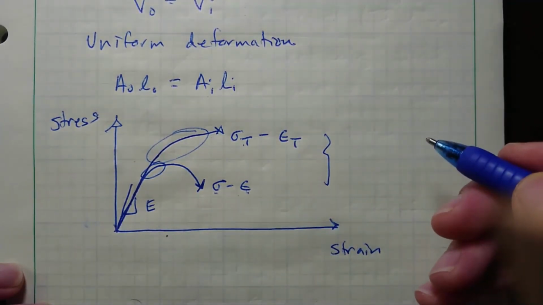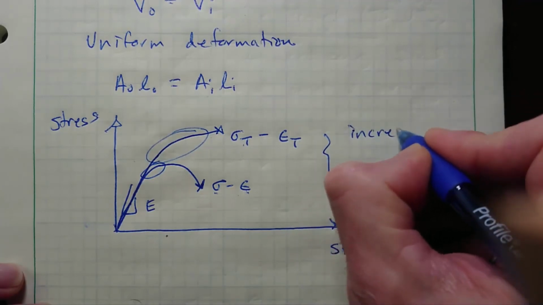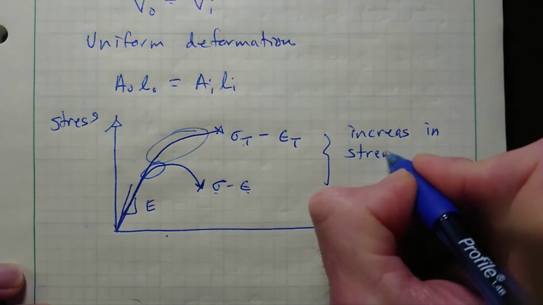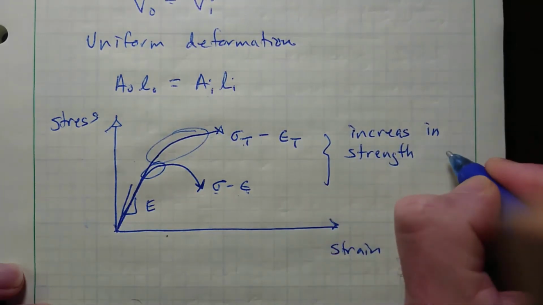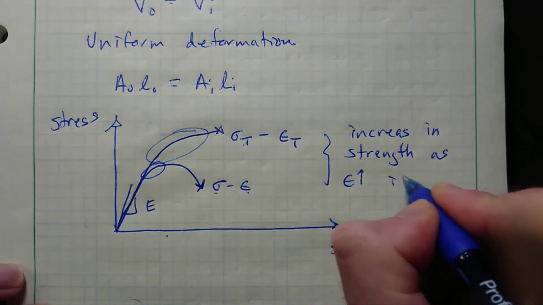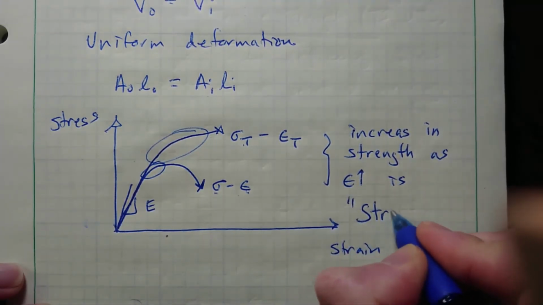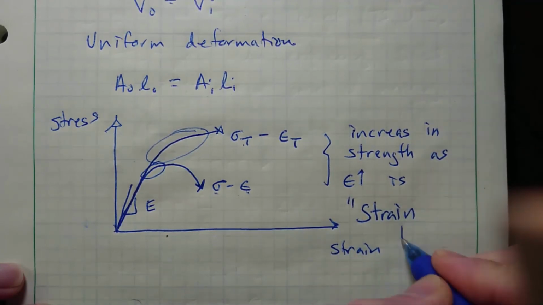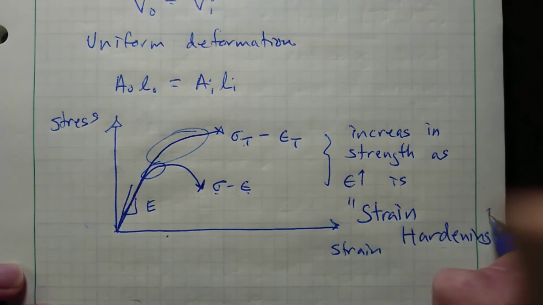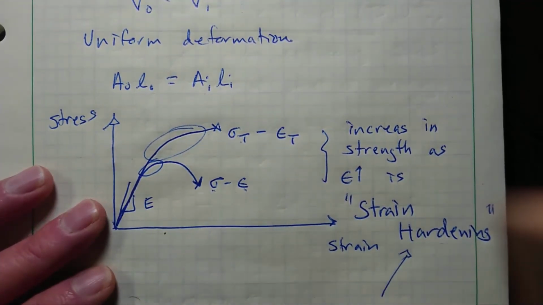And this increase in strength with strain is called strain hardening. Increase in strength as the strain goes up is called strain hardening. So strain hardening is an important concept.